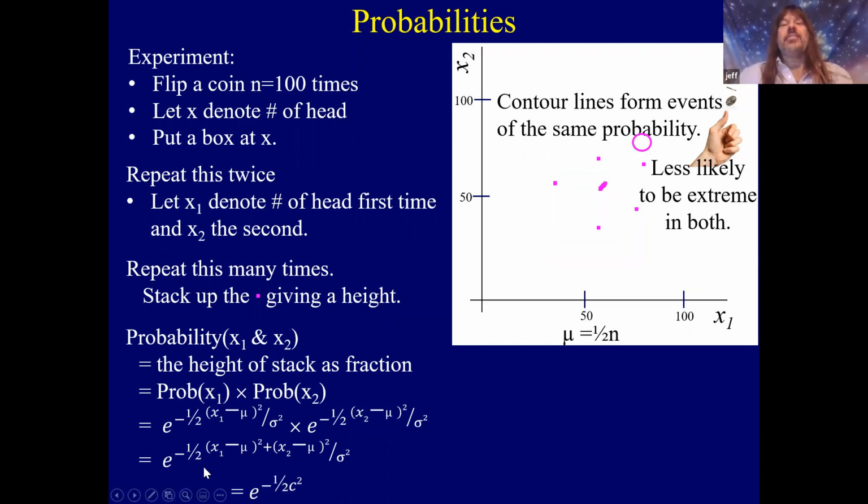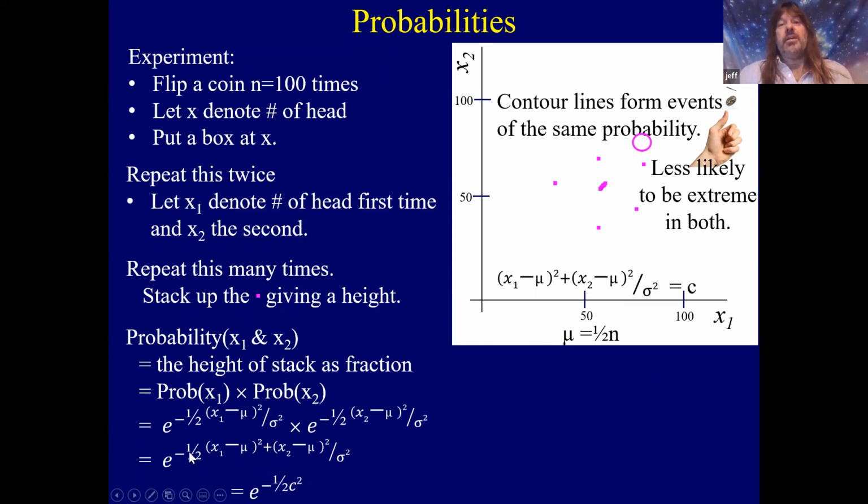So let's go back to this equation here and see what these contour lines look like. We let C be some fixed constant. And so here, this is some fixed probability. And we're wanting what are all the values of x1 and x2 for which the probability is this fixed value. And you can see that it boils down to this equation.